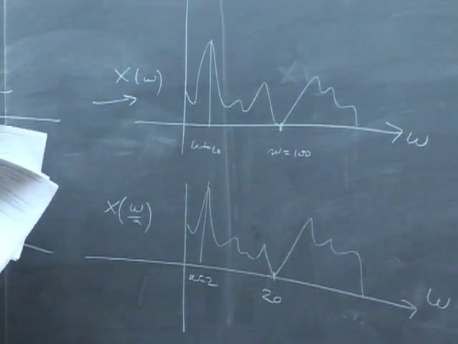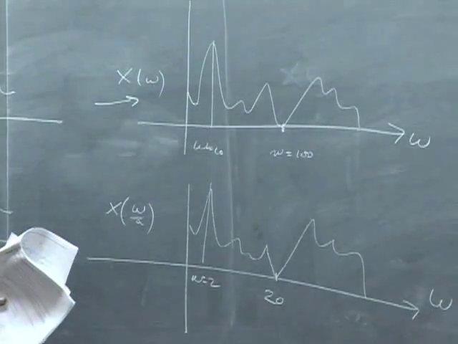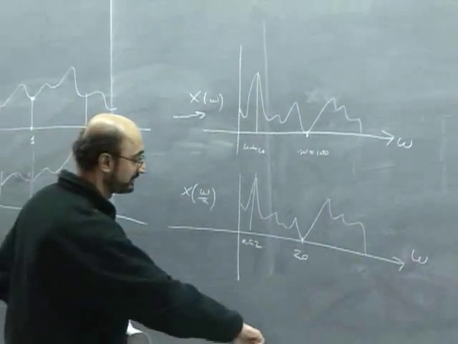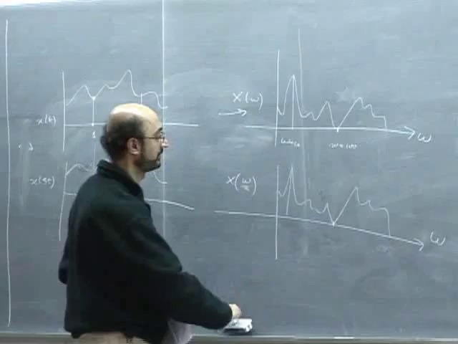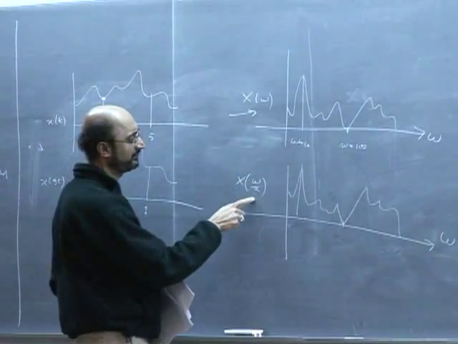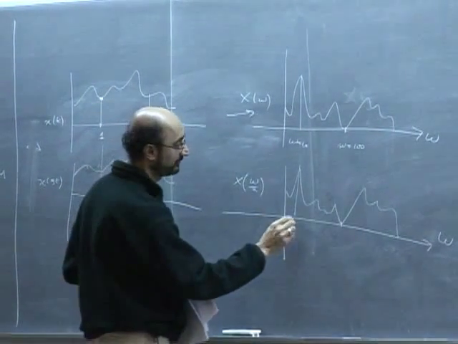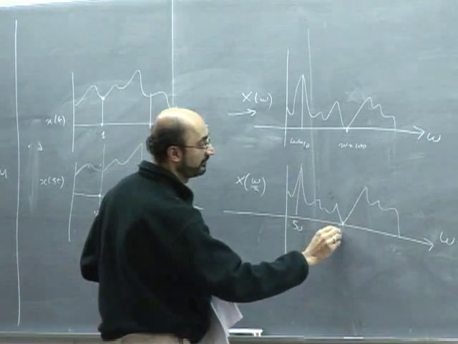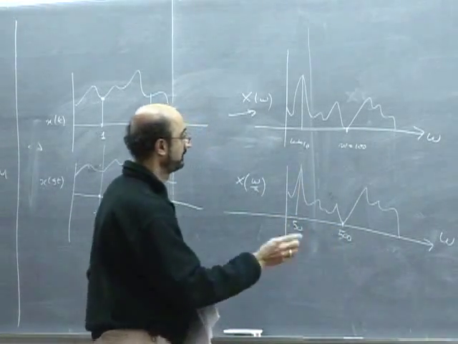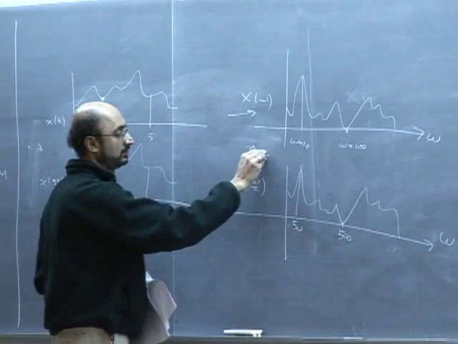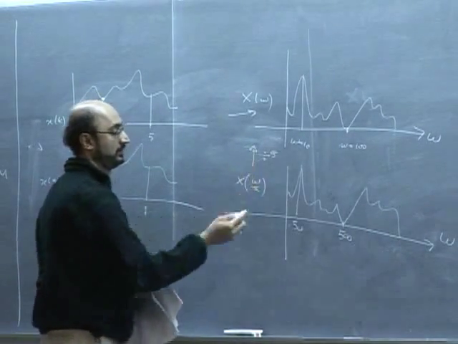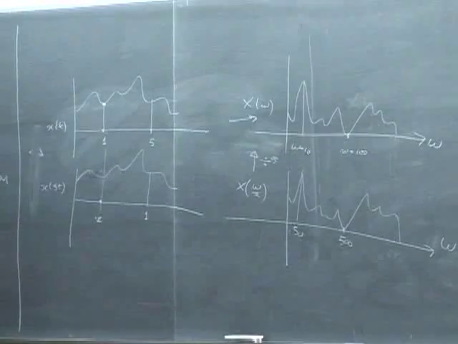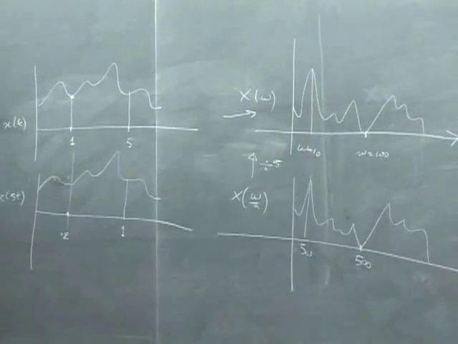It's expand, yeah, I made a mistake here. I'm going to take this value, divide by 5, so this is going to be 50, this is going to be 10, sorry, this is going to be 500, because we're going to divide by a. So we're expanding in the time domain, sorry about that.